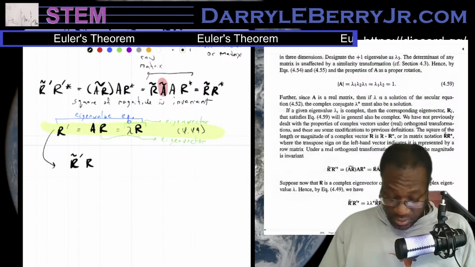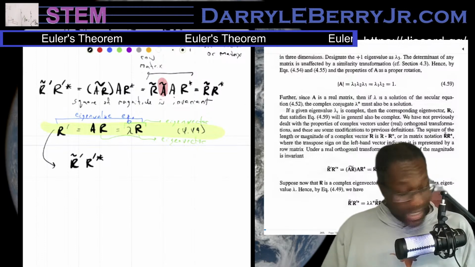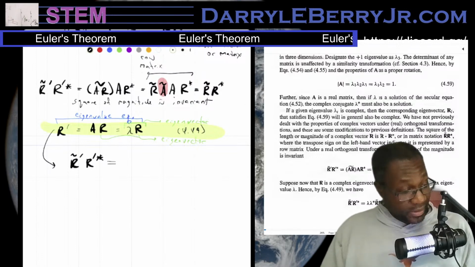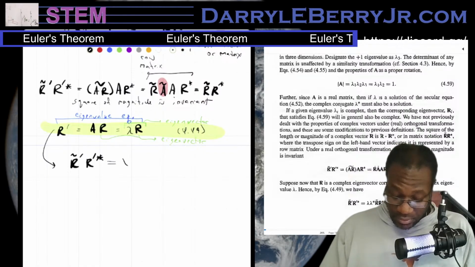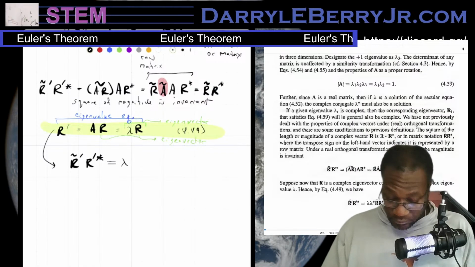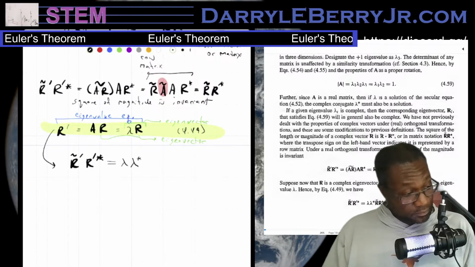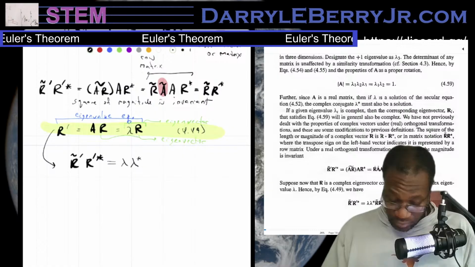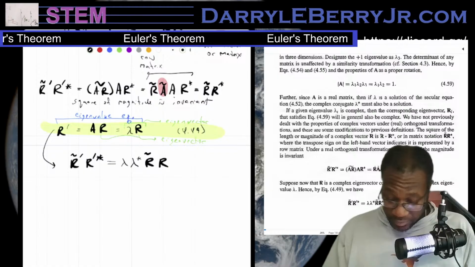We have R prime complex conjugate, so we know we change the sign of the imaginary part, and that equals our lambda here. So we have the first lambda, the complex conjugate lambda, and then the R-tilde and the R complex conjugate.